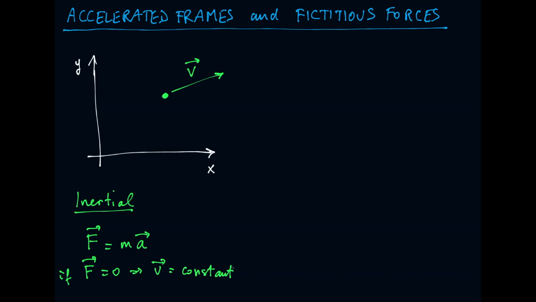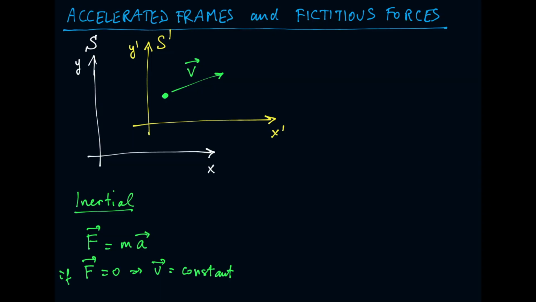As it turns out, if I choose a different observer, let's call this white one reference frame S. If I choose a different observer with different coordinates x prime and y prime, this is system of reference S prime.